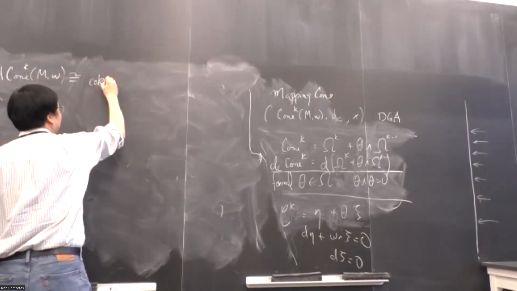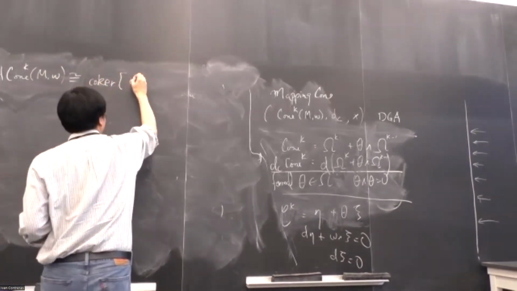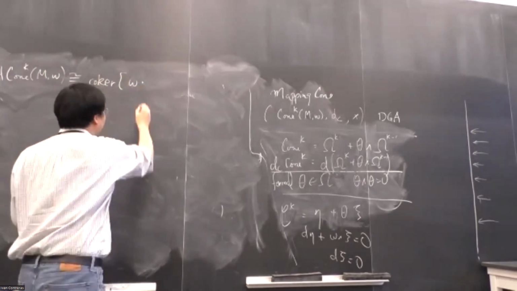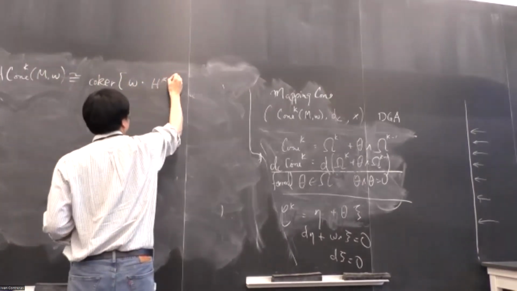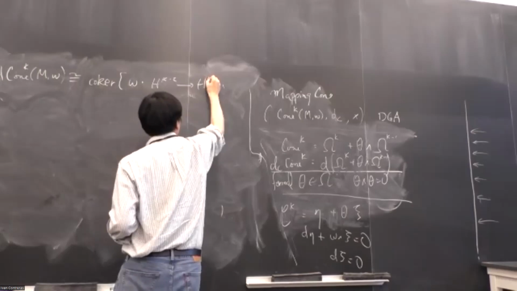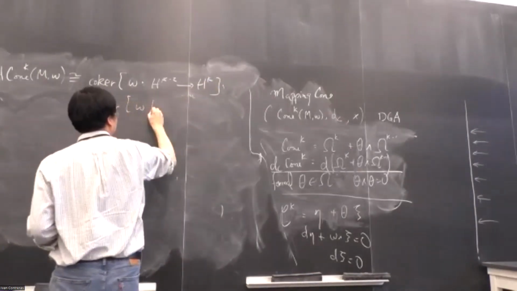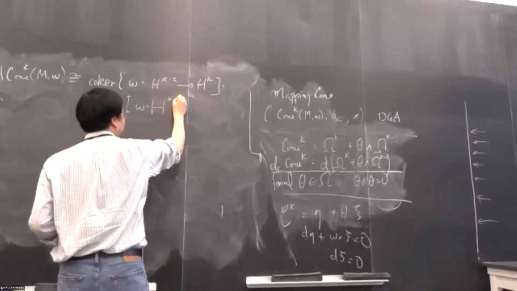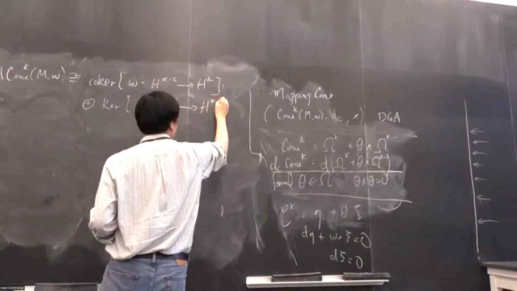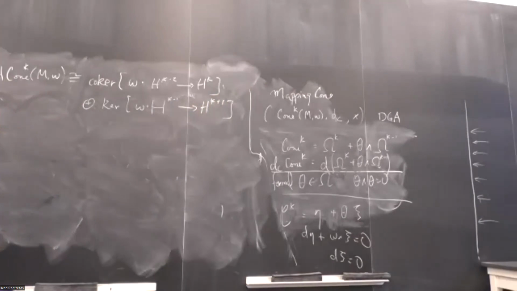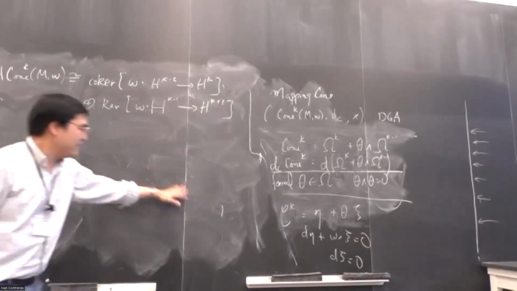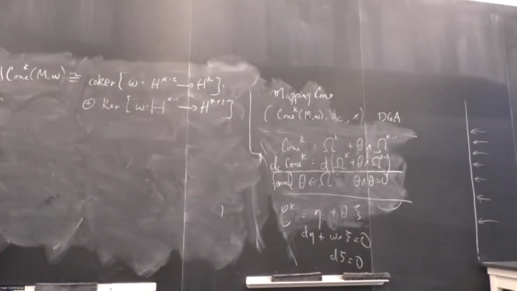The co-kernel of the omega map from H^(k-2) to H^k, plus the kernel from H^(k-1) to H^(k+1). Okay. And this should remind you that de Rham cohomology is actually a de Rham ring.